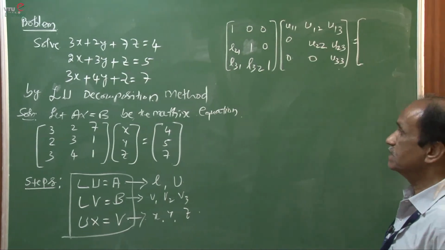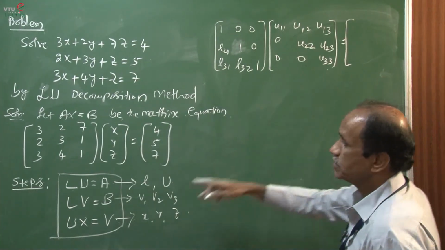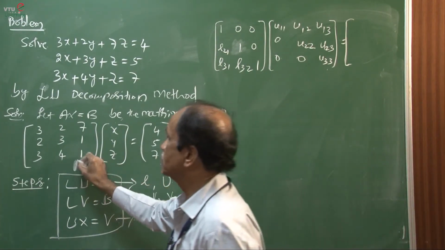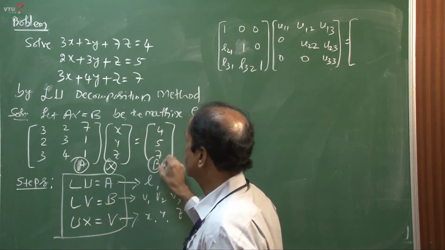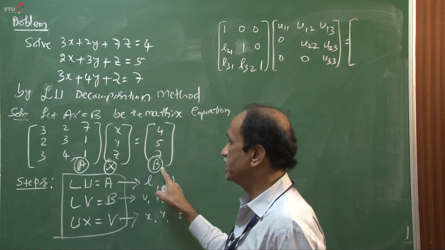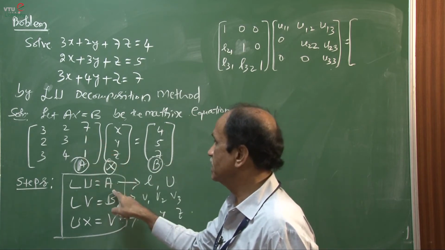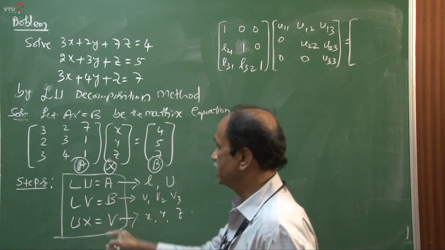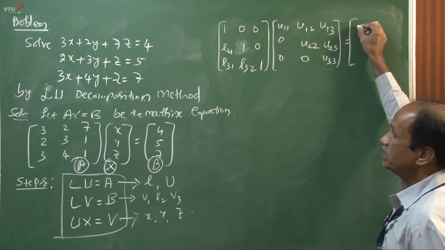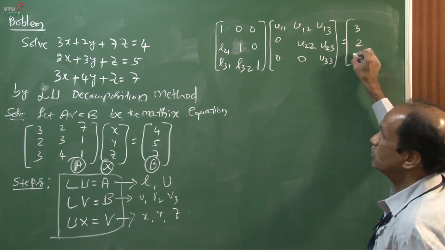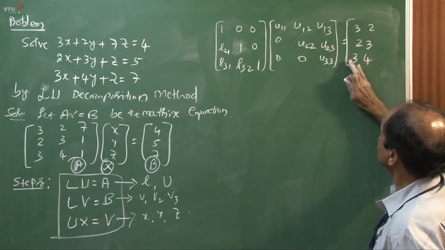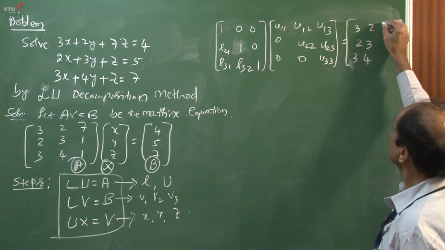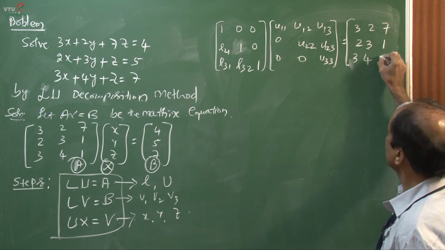On the right side, that is A. A means this is coefficient matrix, X is this much and B is this much. For B you take this, for A you take this, and for X you take this. Now A means that is 3 2 7, 2 3 1, 3 4 1.